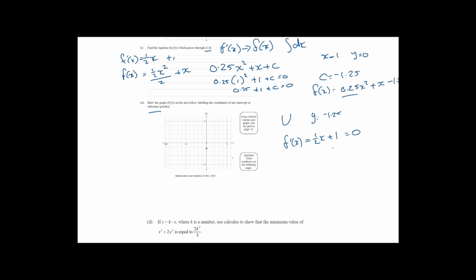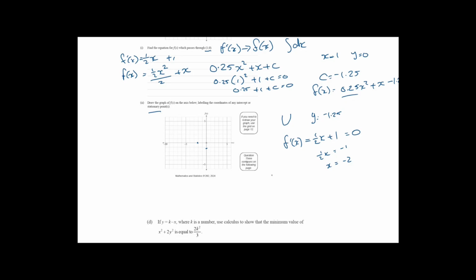Half x equals negative 1, so x is going to be equal to negative 2. So our turning point is going to be somewhere under that negative 2, so it's going to sort of go like that.